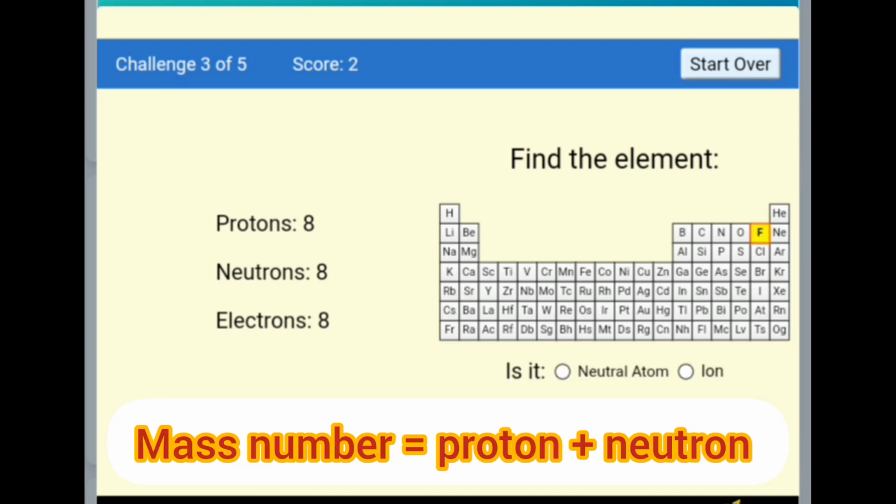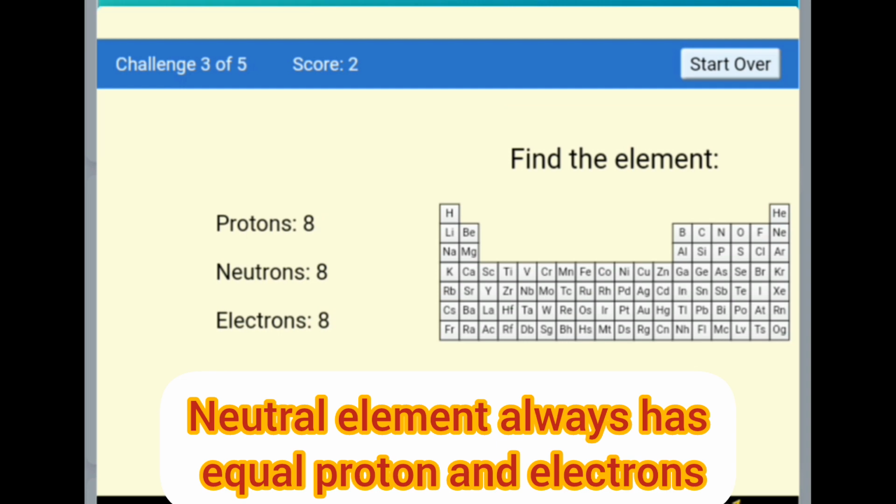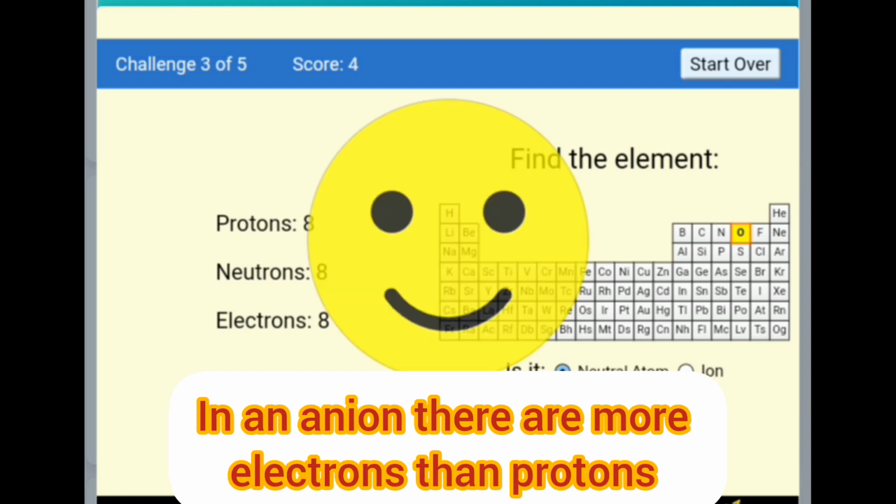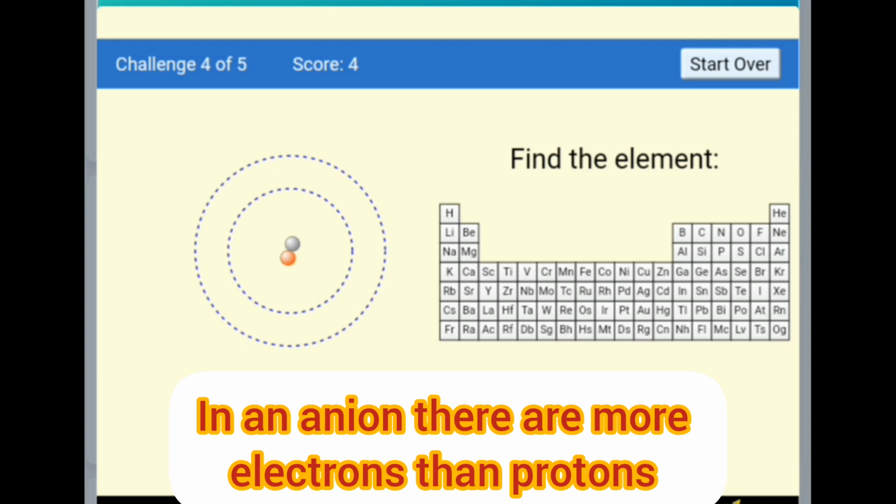For the next one here, 8 protons, 8 neutrons, 8 electrons. Now, the proton and the neutron form the mass number, right? And if the number of protons is equal to the number of electrons, you say it is neutral, right? But if the number of protons is more than electrons, remember we say it's what? Positively charged, that is cation. And if the number of electrons is more than the number of protons, we say it is negatively charged.